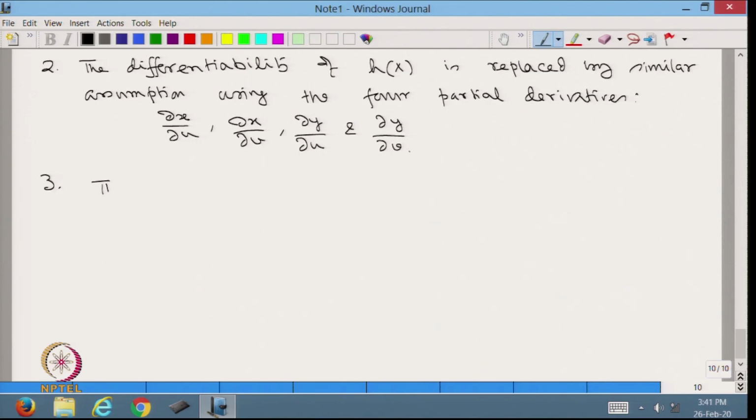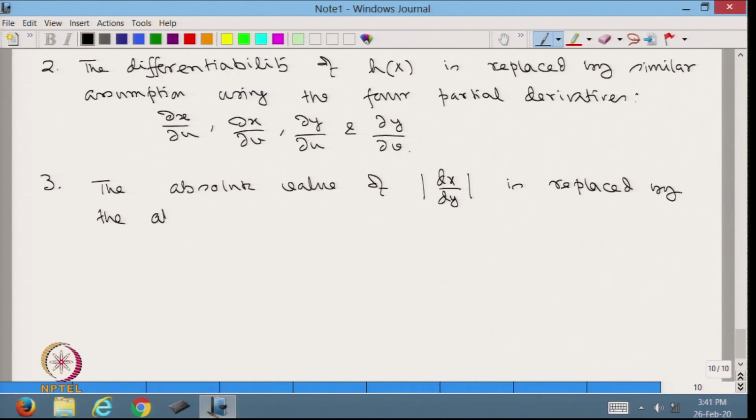The absolute value of dx dy is replaced by the absolute value of the Jacobian.